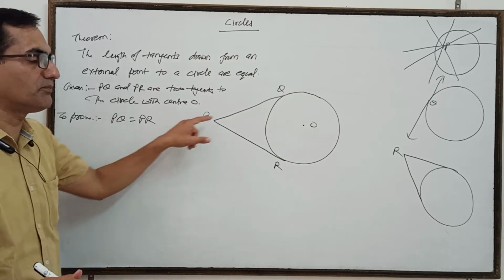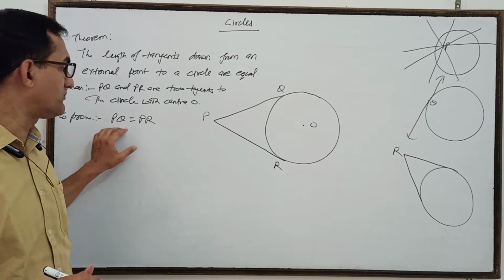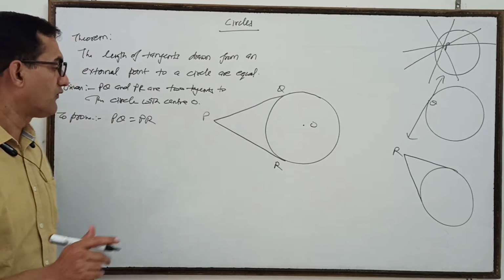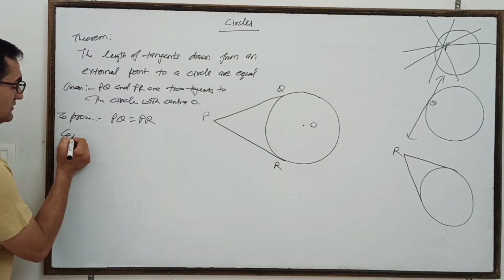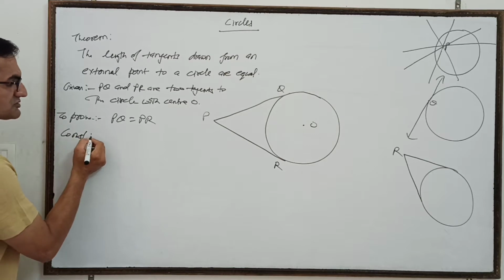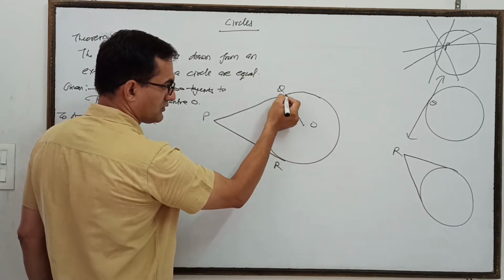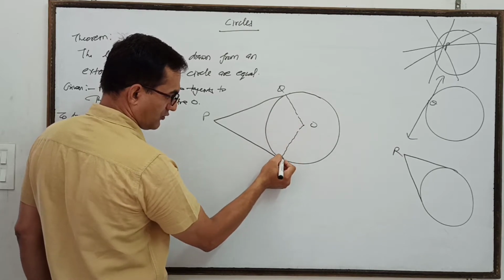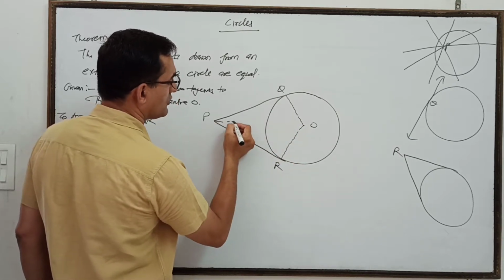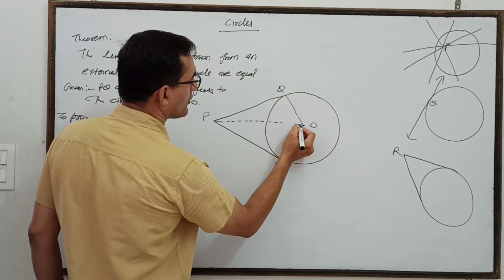We have written PQ and PR are tangents. We have to prove that PQ is equal to PR. For this, we have to draw a construction: join OQ, OR and OP.